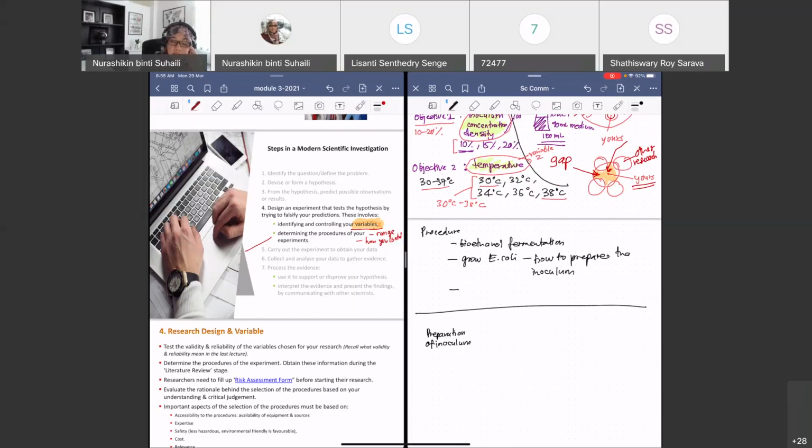Banana fiber you get from the banana plantation. Perhaps you also have to know how you want to prepare your banana fiber. Preparation of banana fiber. And then you will start with the bioethanol fermentation, right?